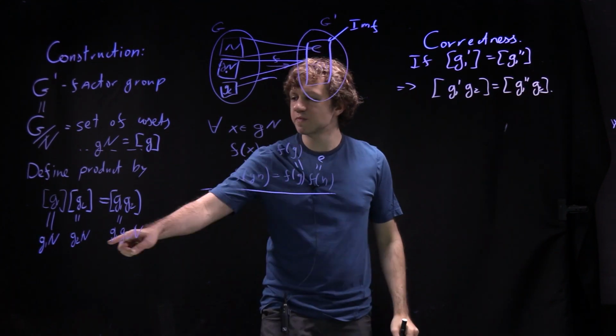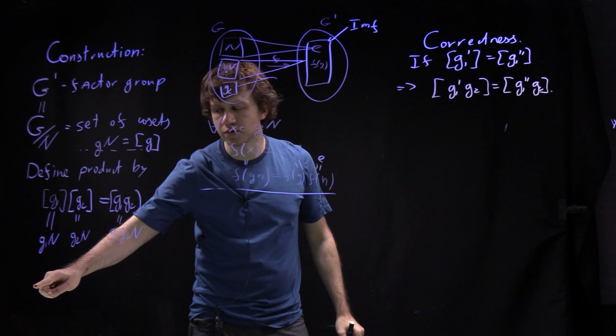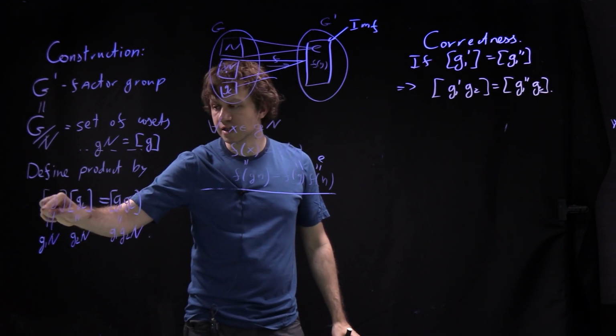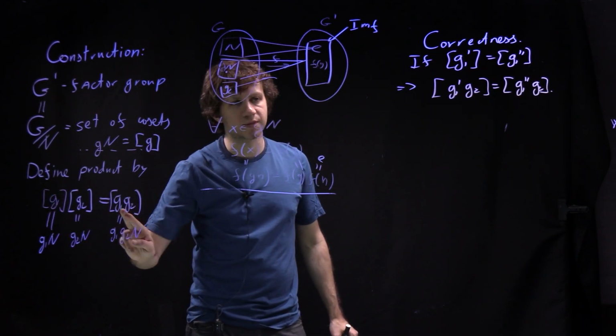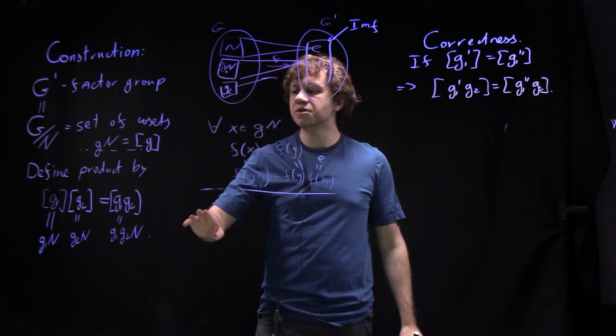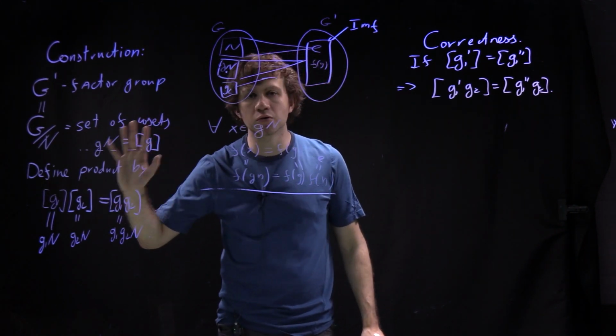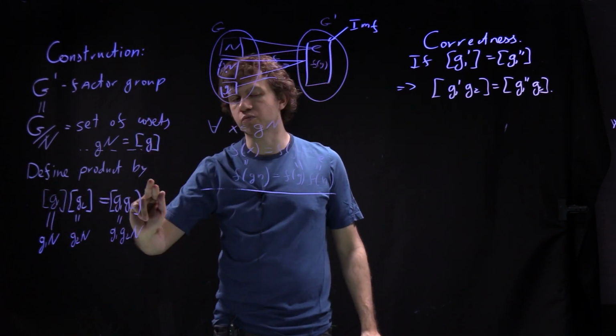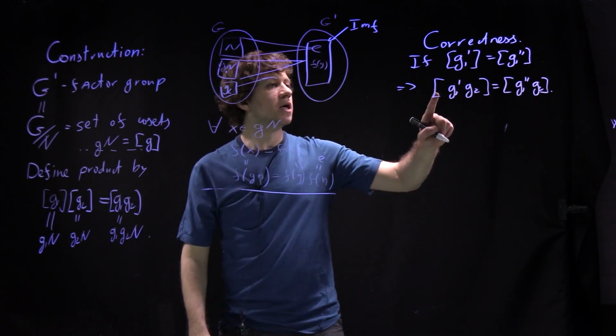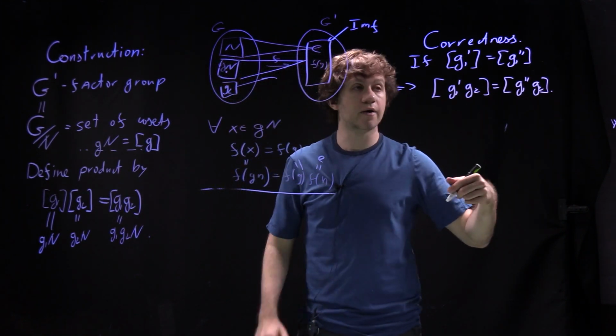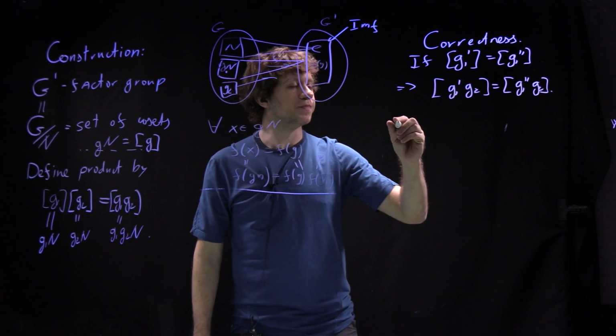It means that if you change this element by another element in the same class and multiply them, you will get elements in the same class. And this is not true if your subgroup is not normal. It's a very crucial property for normal subgroups. You'll see where I'm going to use it. So let me prove it.